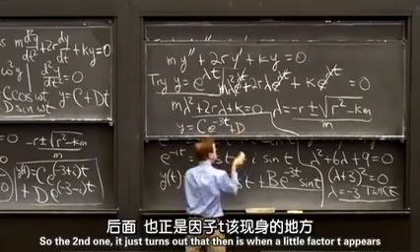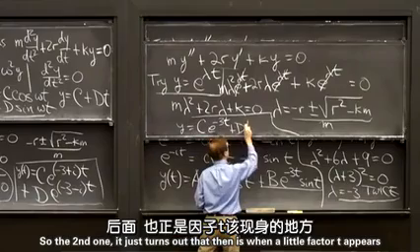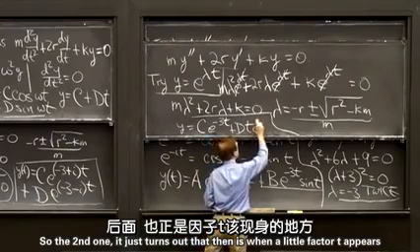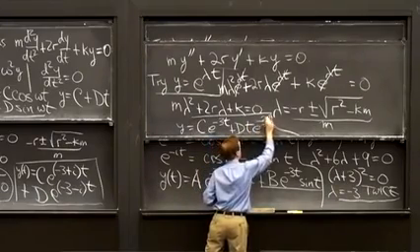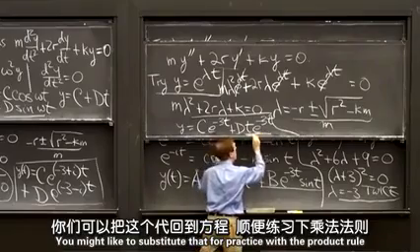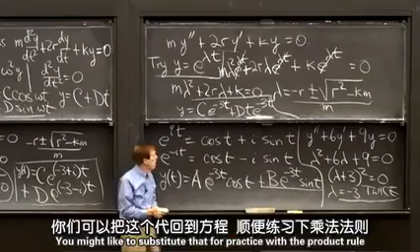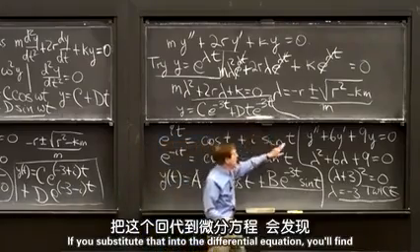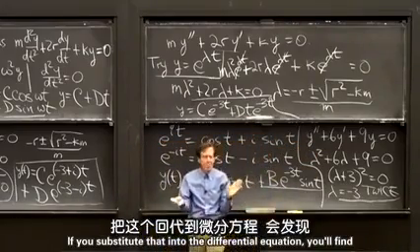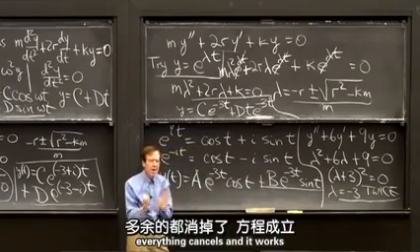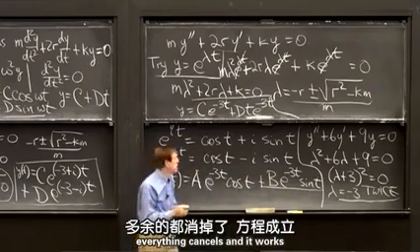So the second one, it just turns out that then is when a little factor t appears. You might like to substitute that for practice with the product rule. If you substitute that in the differential equation, you'll find everything cancels and it works.